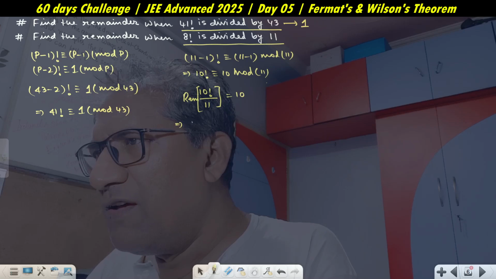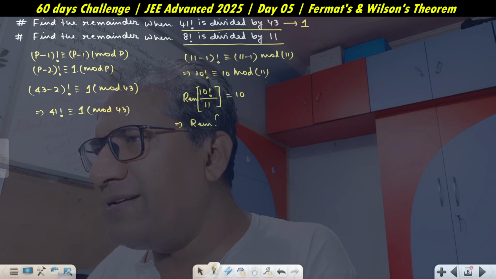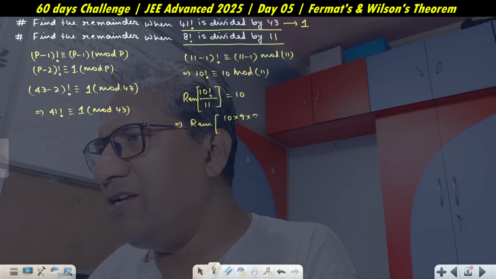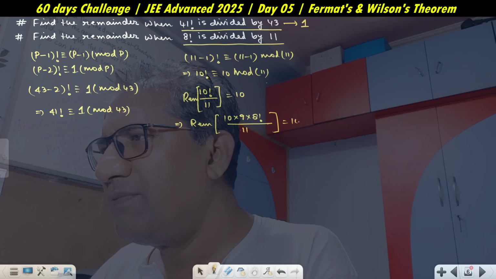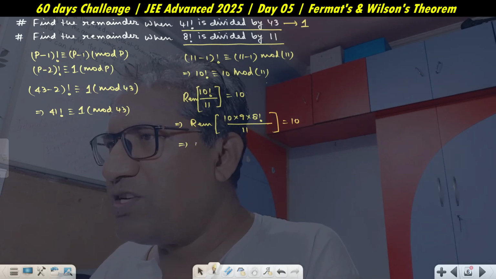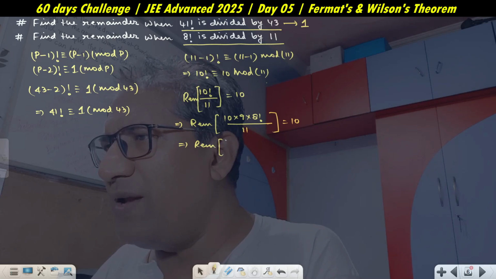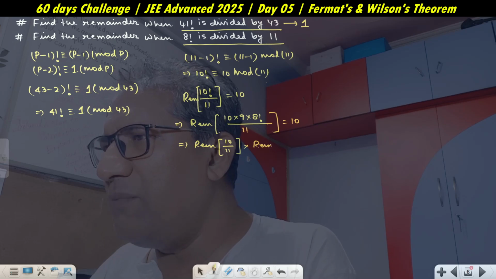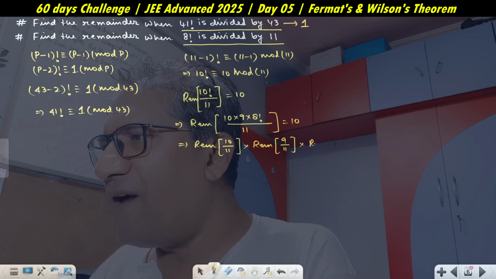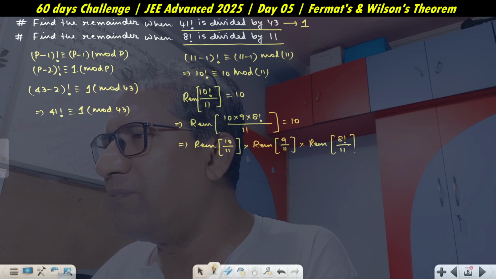Now, this can also be written as 10 into 9 into factorial 8 divided by 11. The remainder is 10, which is the same as finding the remainder when 10 is divided by 11, into the remainder when 9 is divided by 11, into the remainder when factorial 8 is divided by 11.